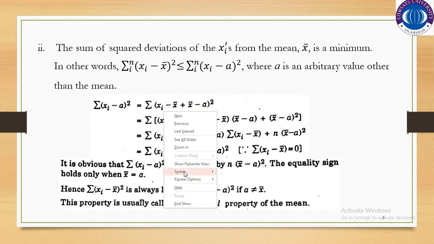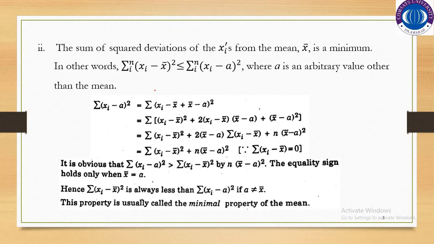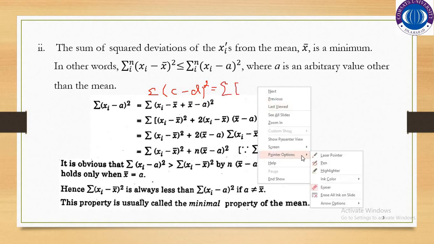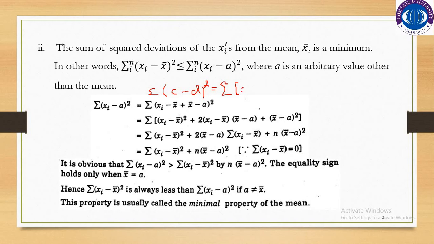So what we can do is use the formula, if you remember, c plus d whole square, which would be equal to c squared plus d squared plus 2 times c into d.